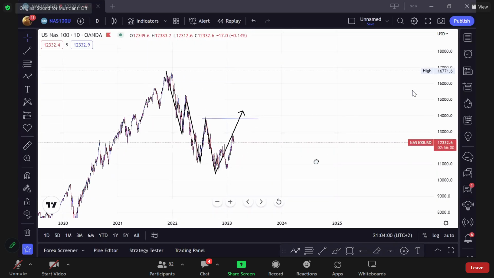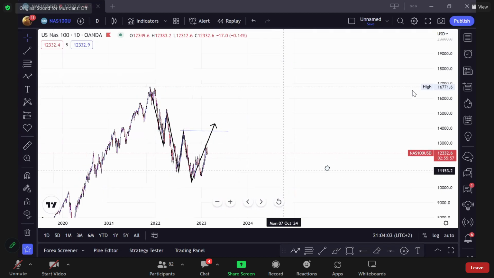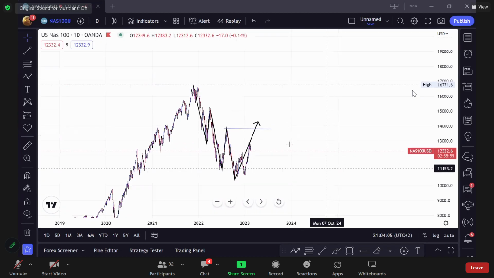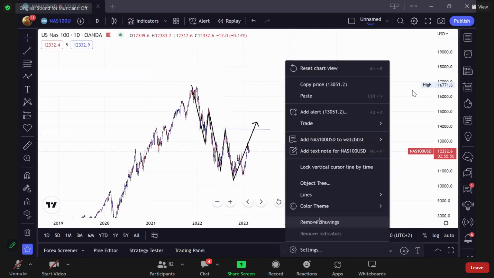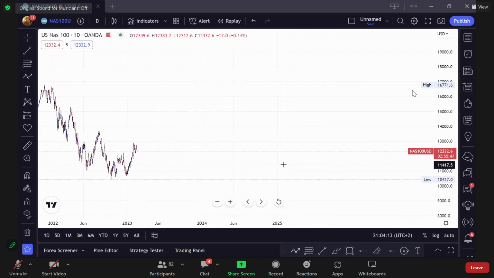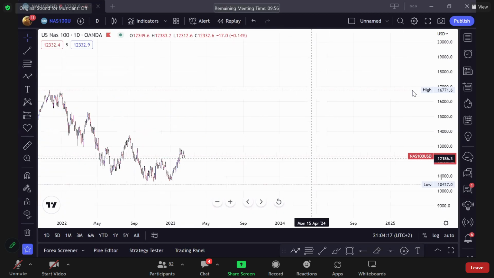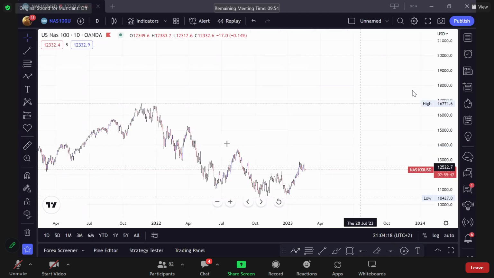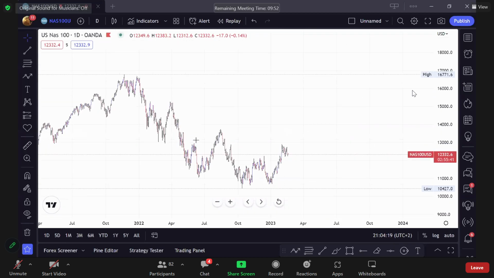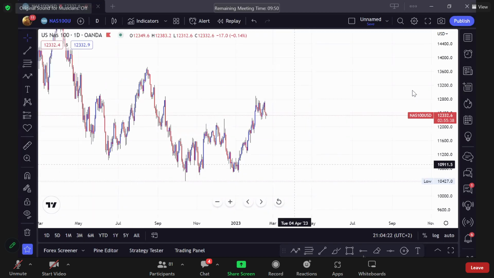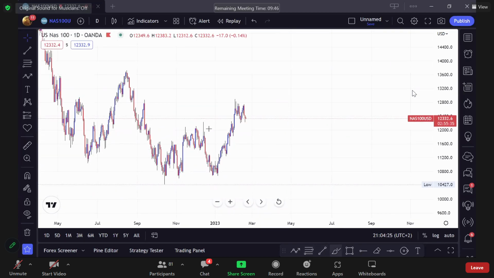What do we have? A change of character. A change of character on the high time frame, yes. Correct. Now, why did I identify this as a change of character? Because the previous high failed to create a lower low. Correct. Okay.